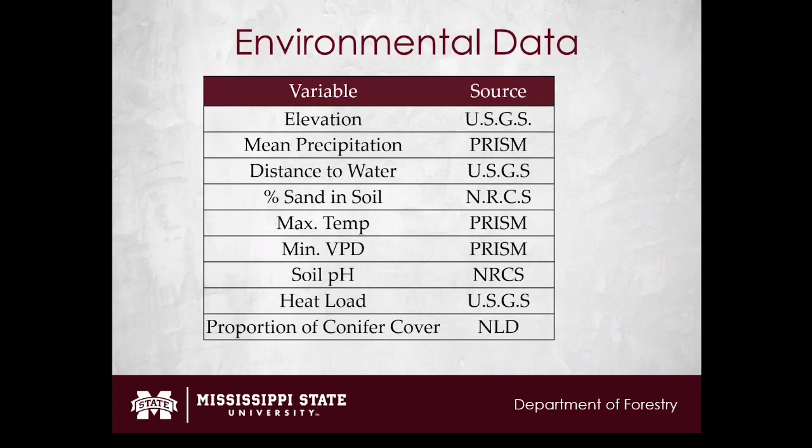Instead of doing north, south, east, or west for the aspect of a slope, heat load is a value between 0 and 360. And then we also had indication that the species likes to be around other conifers, mostly eastern hemlock. If y'all are familiar with the area, very beautiful, big, majestic eastern hemlock. So we made a layer that was the proportion of conifer cover in a given cell.